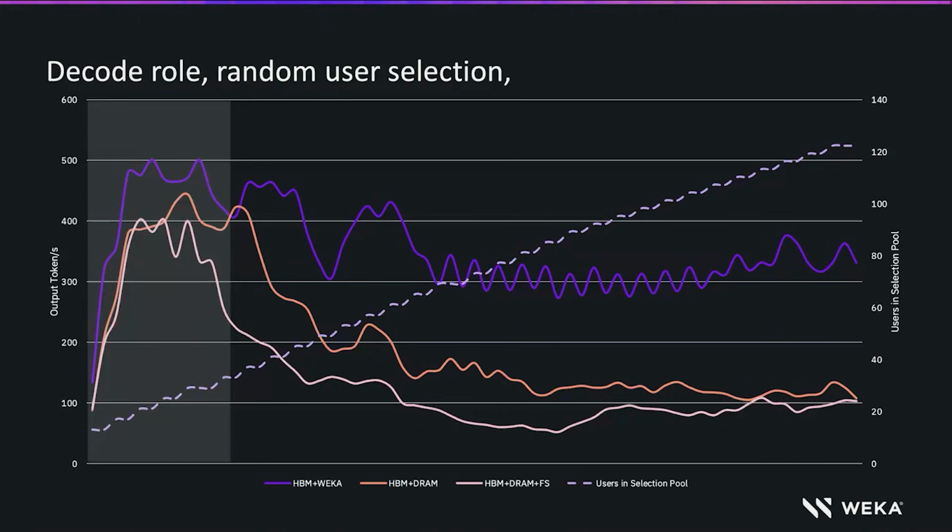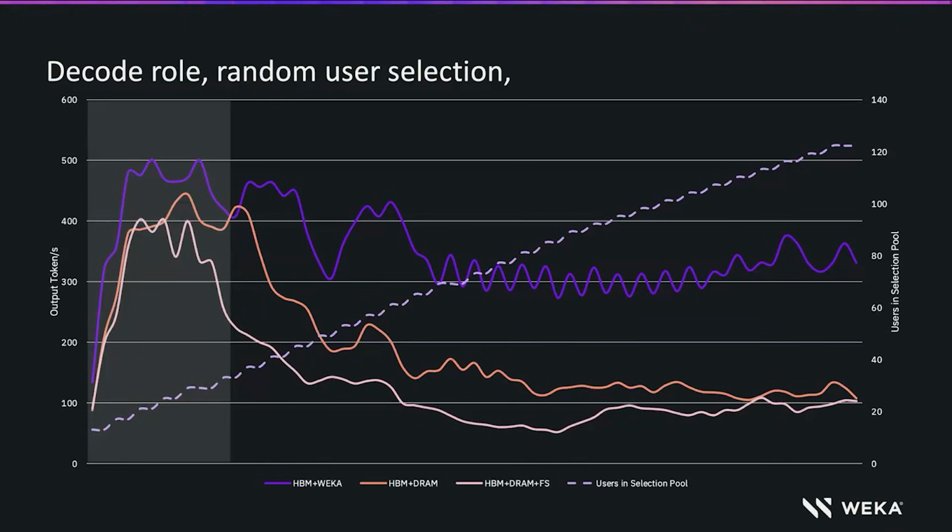So in the initial shaded area, you can see that all 3 of them get an advantage of HBM. The primary hit out of cache hit rate is coming out of HBM. But then over time, as we increase the users more and more, you're overflowing what the DRAM memory tier can do. And both orange and the pinky color start to drop off quite dramatically. We also, from a WEKA perspective, drop off because we get less and less advantage from HBM.